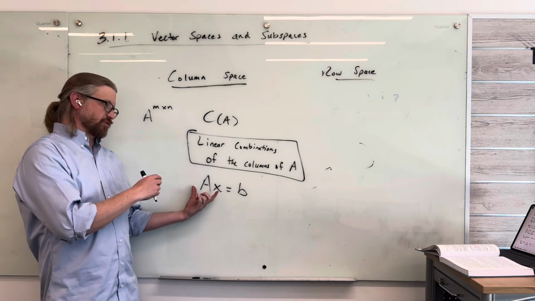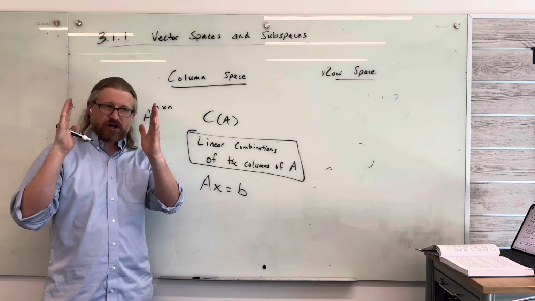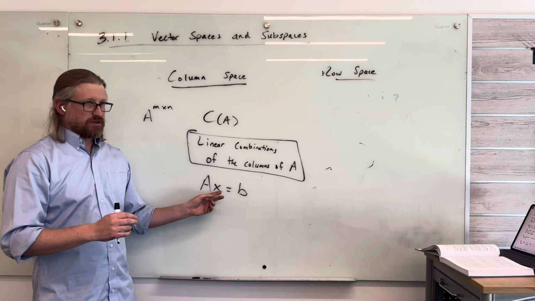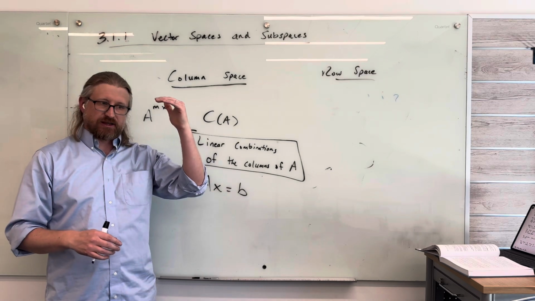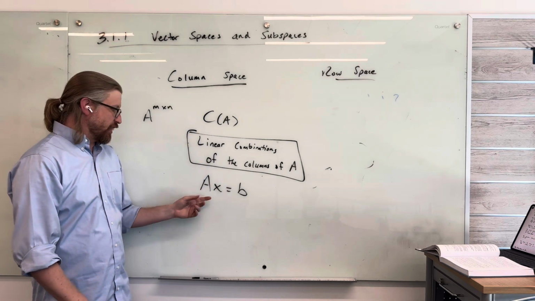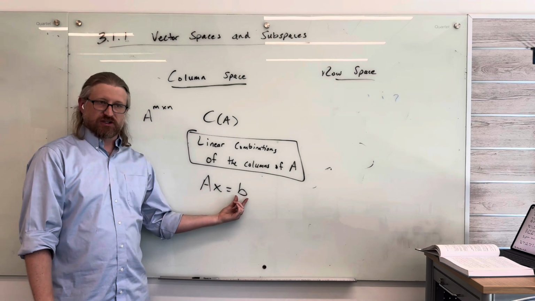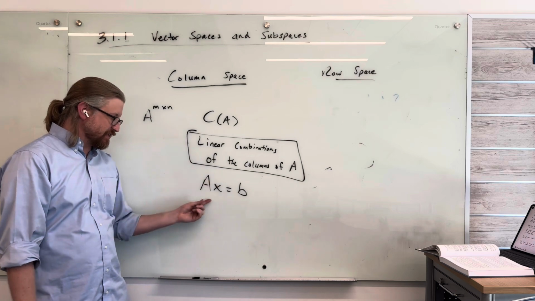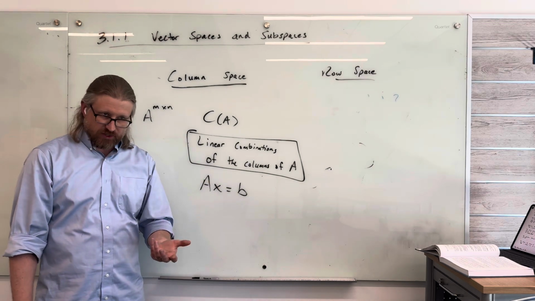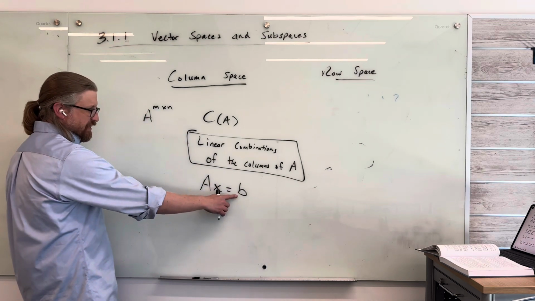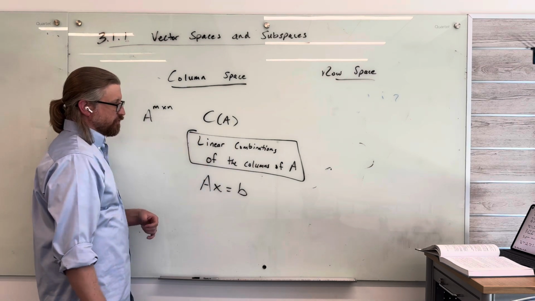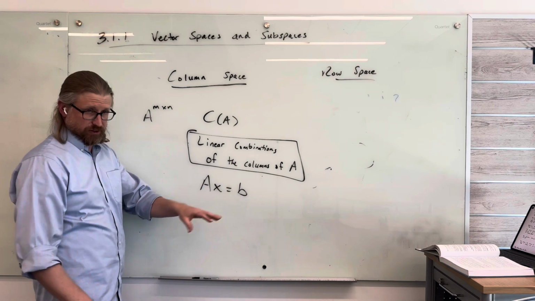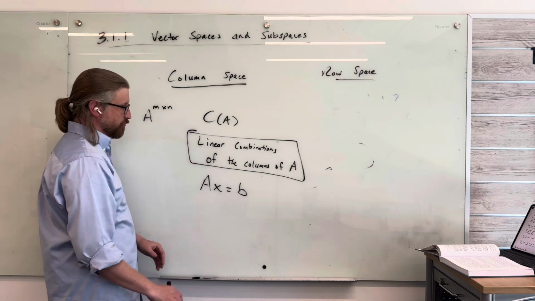Remember, when we look at this in terms of the column picture, we're taking all possible combinations according to the entries in X, X1, X2, all the way down, and figuring out what combination can get me to B. And if B is not in this space, then there's no way to solve that problem. And so we could say that B is in the column space of A when we were solving, which we'll get into a little bit more later on.